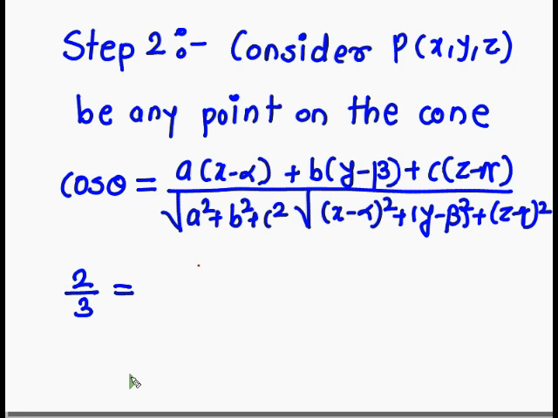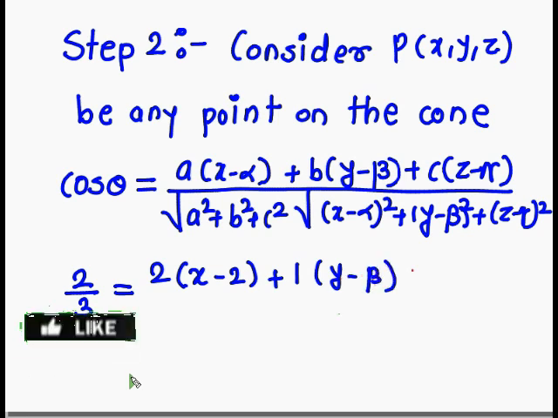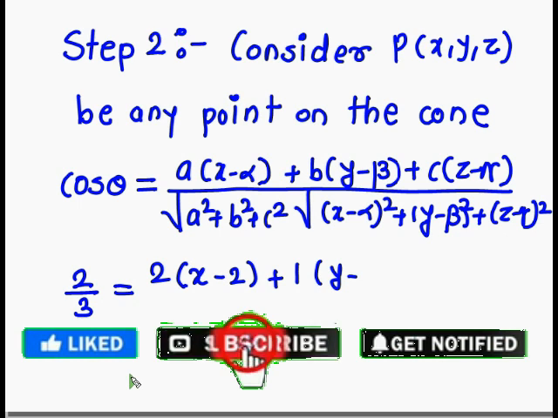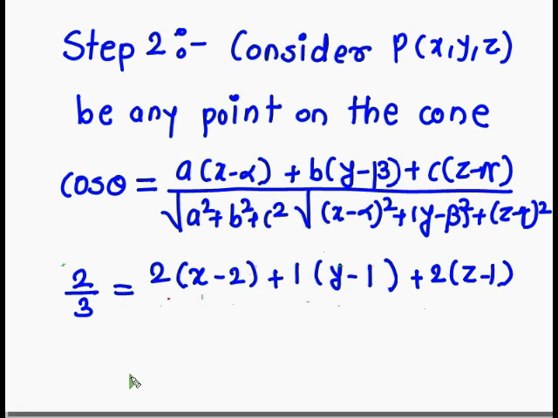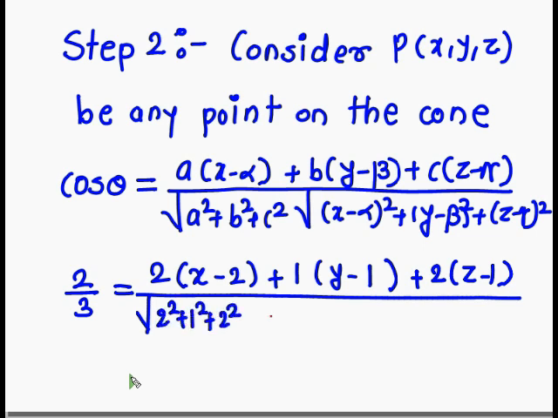So by substituting the values of A, B, C as 2, 1, 2, we get 2 into x minus 2, that is the value of alpha, plus 1 into y minus 1 plus 2 into z minus 1, divided by square root of 2 square plus 1 square plus 2 square, into square root of x minus 2 square plus y minus 1 square plus z minus 1 square.